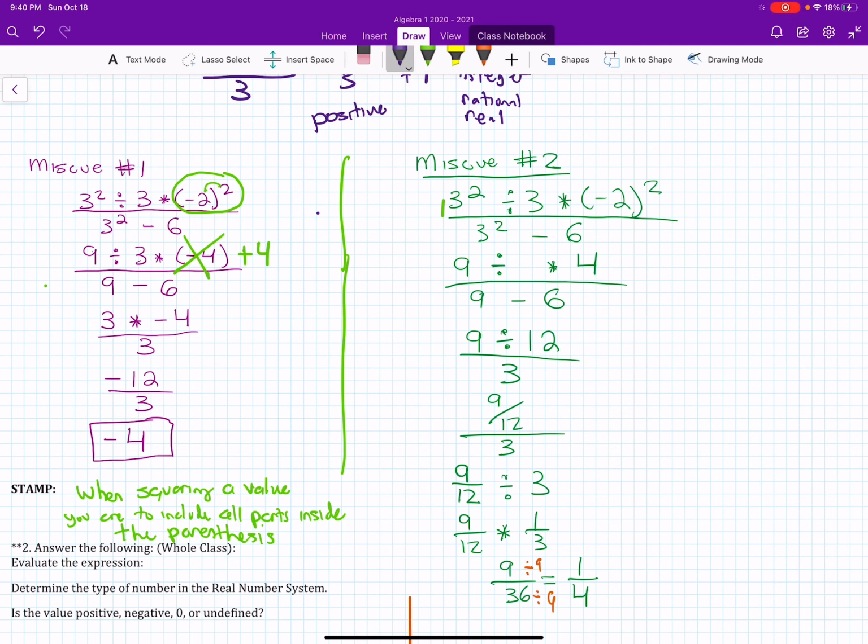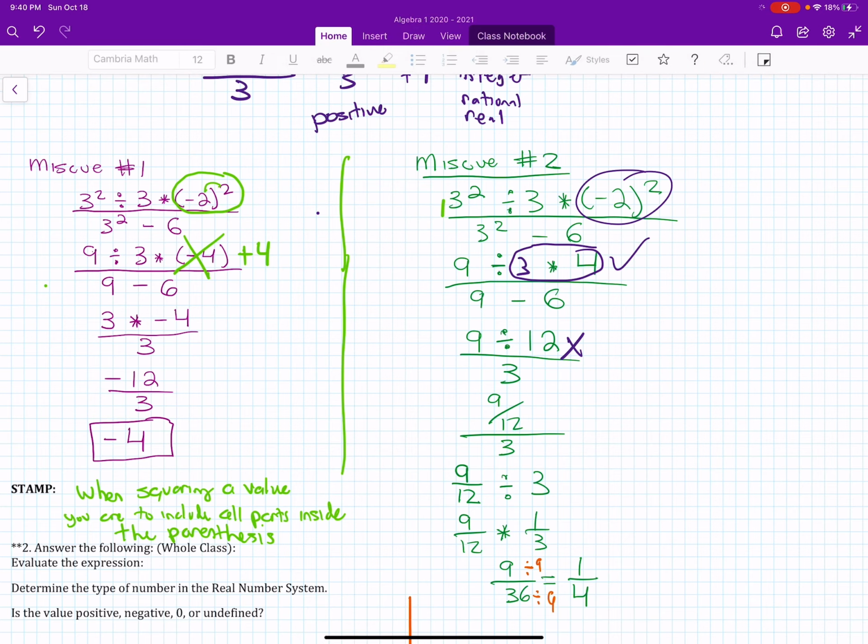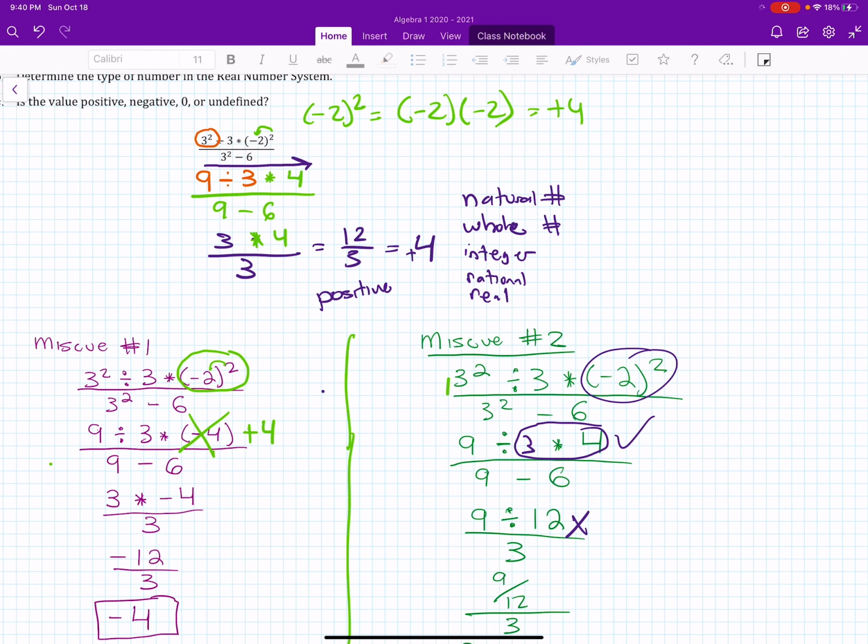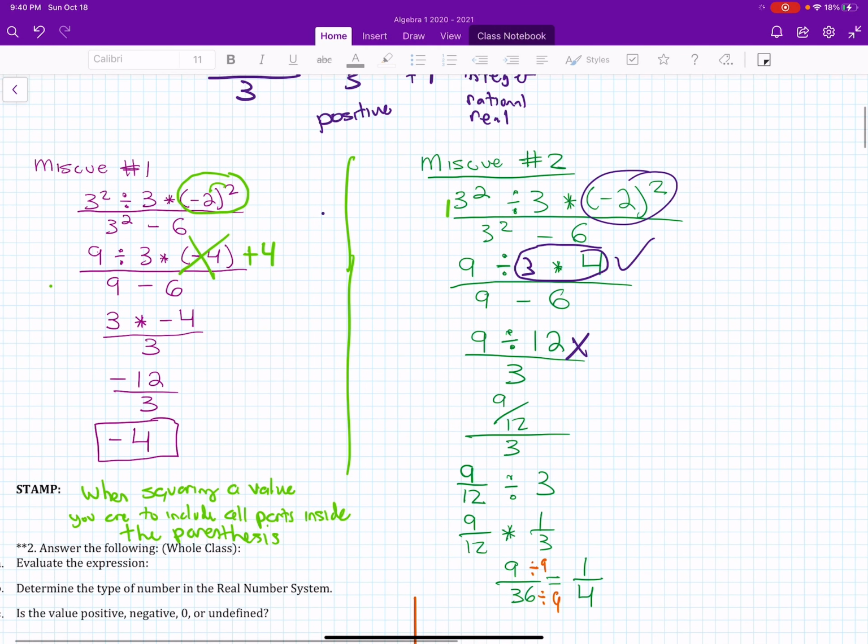Going into our second miscue, negative 2 squared is 4, we're good there. But as you can see, when we do 3 times 4 first, we get 12. That's incorrect, because as I showed above, we go from left to right regardless of whether it's PEMDAS or not.